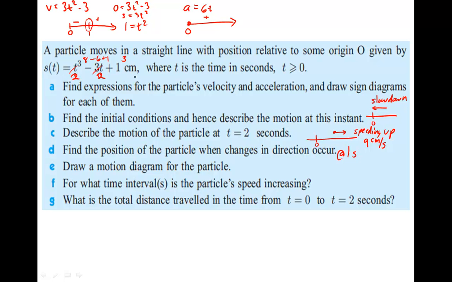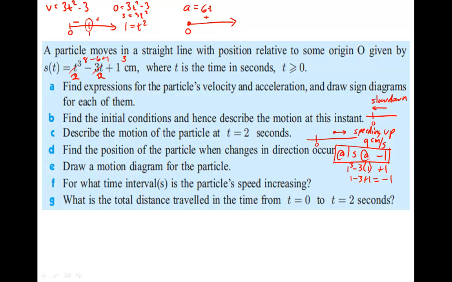So I'd have 1 cubed minus 3 times 1 plus 1. And so when I put all that together, I get 1 minus 3 plus 1, which is -1. So I'm one space to the left of the origin.